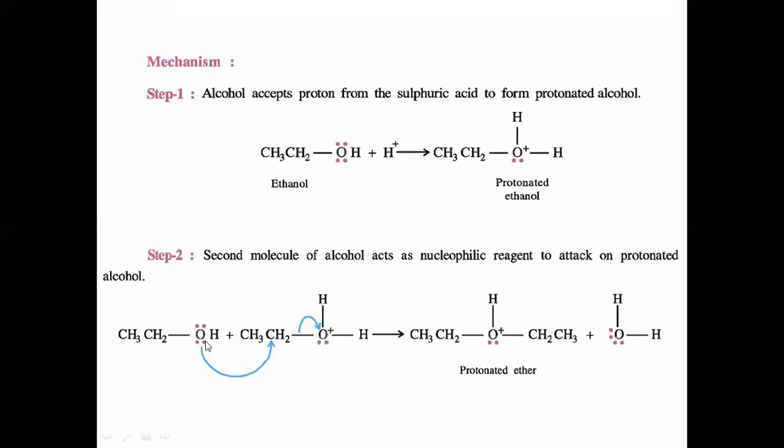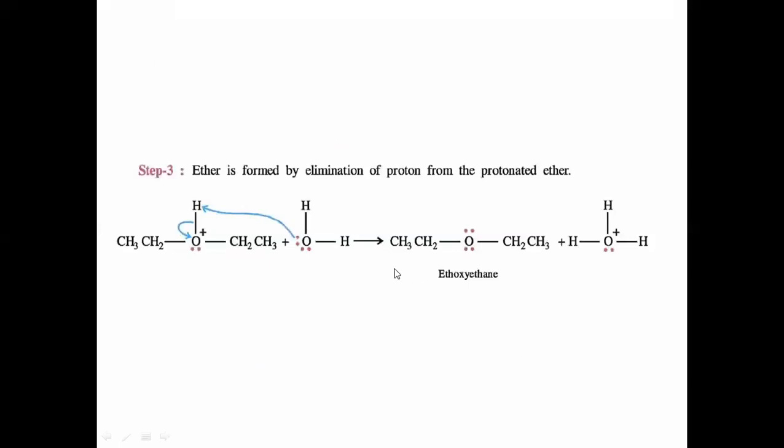What is happening here? This oxygen is attached to the CH2CH3, and water leaves. So it is formed like this, CH3CH2 O plus H and then CH2CH3. This is a protonated ether. The positive charge is there, that's why it's a protonated ether.